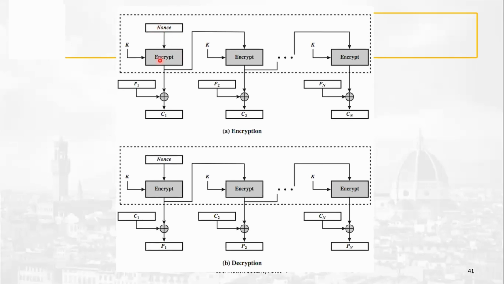Another concept, the same process: you are encrypting that nonce with the key, but instead of providing the actual ciphertext for the next round, what we are doing here is the encrypted nonce with the key is provided for the next round.